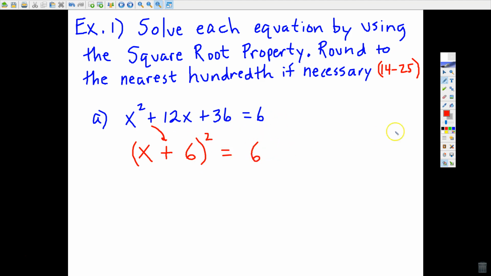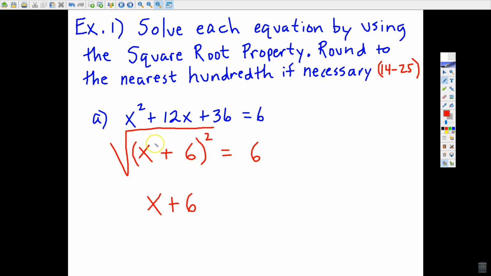Now, why is that important? Well, because if we can get to this point, solving is really pretty easy, because all I'm going to do at this point is the square root of both sides, because the square root essentially will remove that exponent 2 and create x plus 6 on the left side.